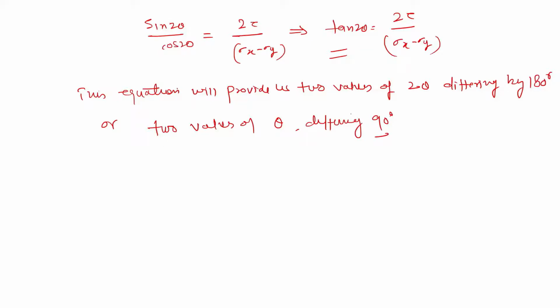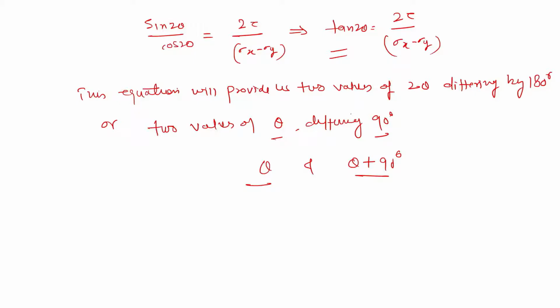These are the planes along which the direct stress has the maximum and minimum values. So there would be one plane at theta, and the second plane would be at theta plus 90 degree. These two planes will have the value of direct stress as maximum or minimum.